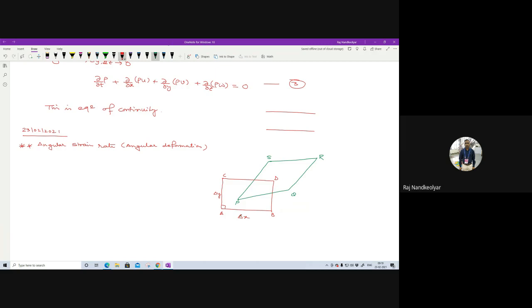Okay, so let us suppose there are two plates, and in between two plates, let us suppose there is some kind of fluid. So this is that control volume that you are considering. Okay, now suppose the upper plate starts moving with some velocity. So if this upper plate starts moving with some velocity, then in that case, what will happen? This fluid element will occupy a different shape.